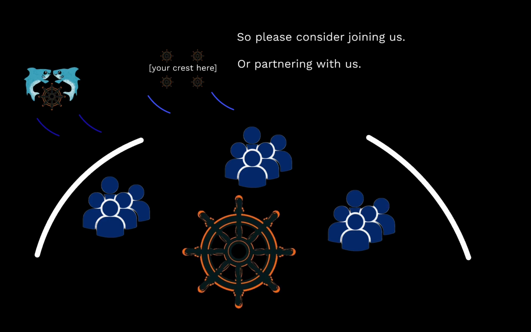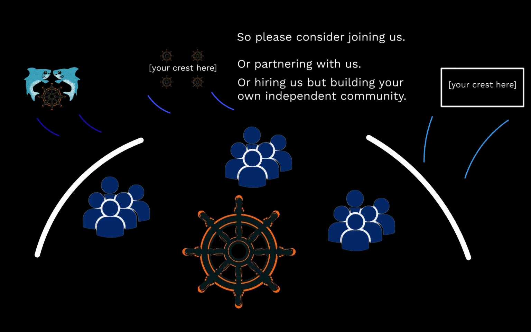I like your crest here because it's like, hey, you can put your little logo here and this is your flag. I just wanted it to look like, hey, this is what it looks like to be an alliance, a visual reminder. Or you can hire us and be completely independent. You can go on a different path than the one we're on. You can build your own community.